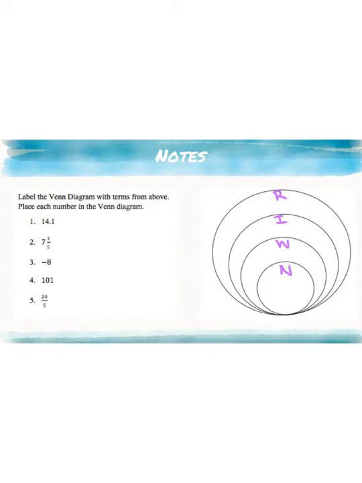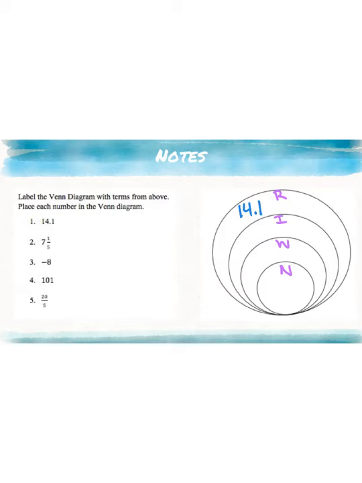So number 1 is 14 and 1/10. I notice that this is a decimal number. So the only classification it could be is rational. So I'm going to write 14 and 1/10 in the rational circle.